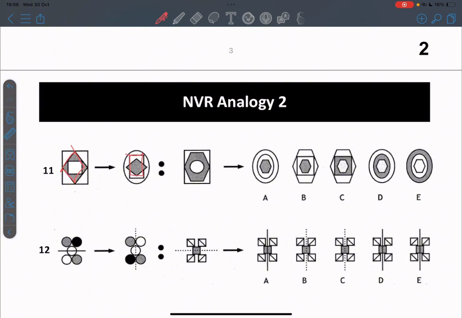Or it seems to, I think a better description is this diamond moves to the inside, right? And finally, this square, it seems to come out and go behind, right? And it stretches so it can fill out the missing gap. So there's quite a few things going on here.